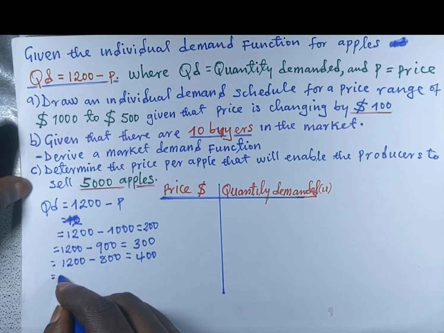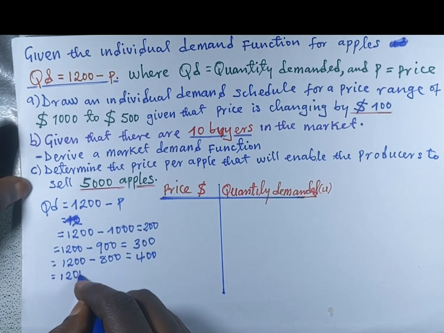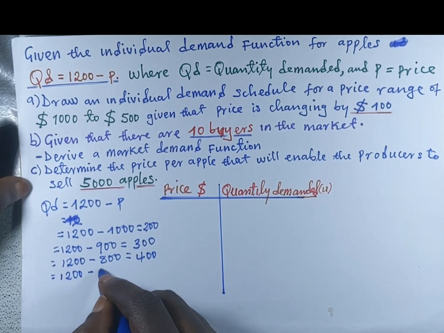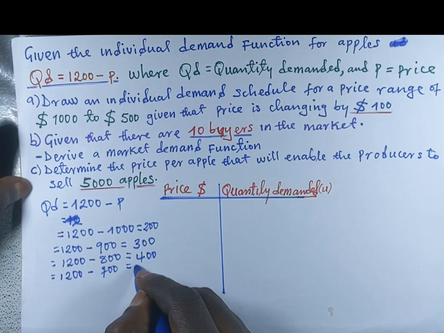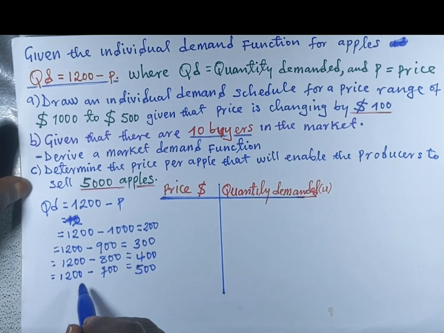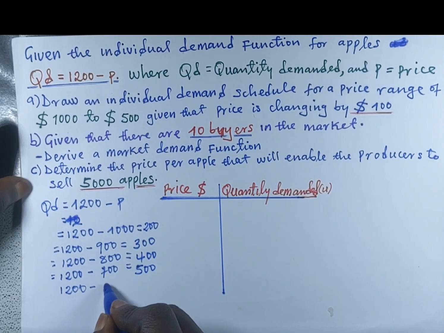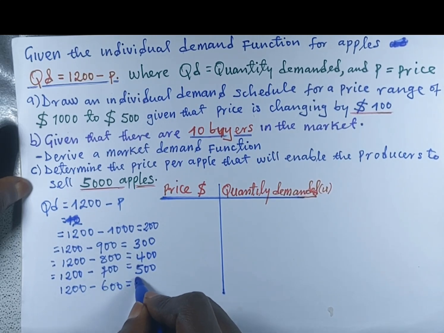So the next one is 1200 minus 700. Since price is reducing by 100, our next quantity demanded will be 500 when price is 700. And again, when we reduce price by 100 to 600, we are going to have 1200 minus 600, which gives us 600.